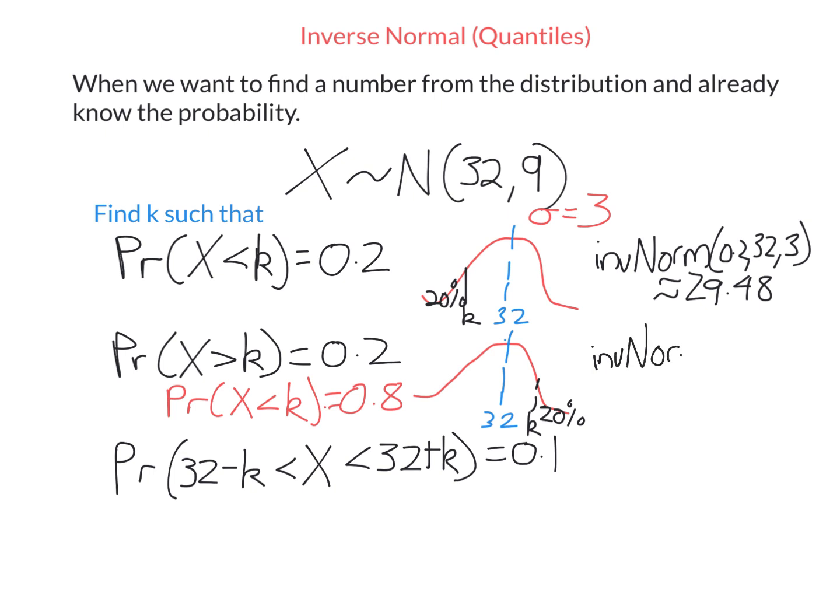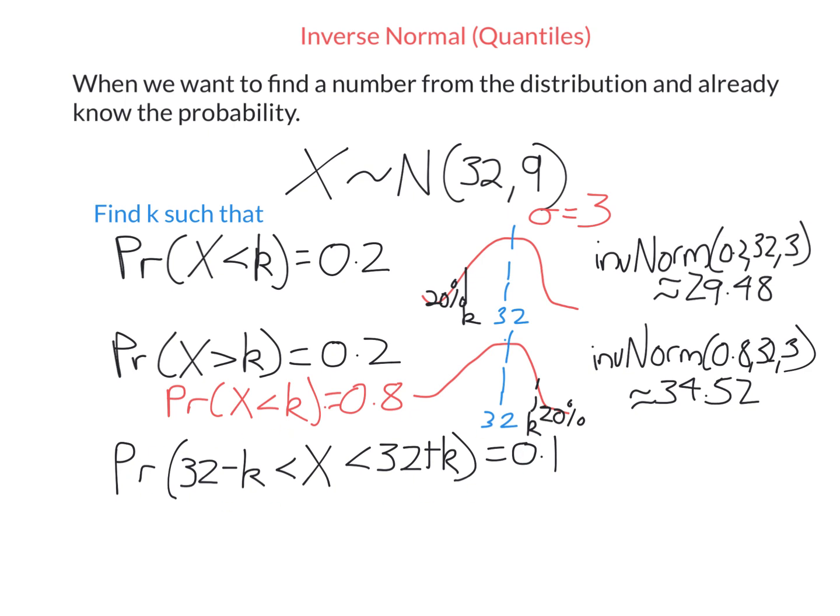So here we'd put inverse normal 0.8, 32, and 3. And then we get the number 34.52. So if you have a normal distribution, mean 32, standard deviation 3, then 20% of scores are above this number, 34.52.